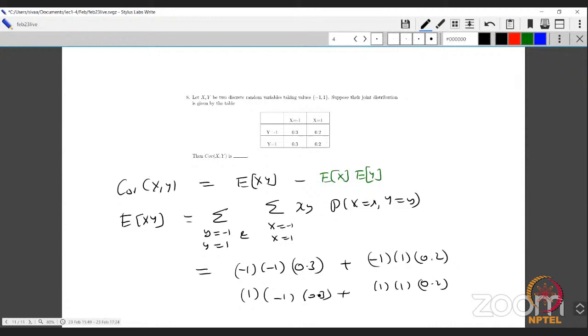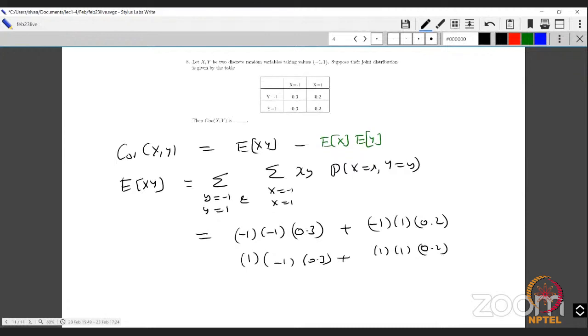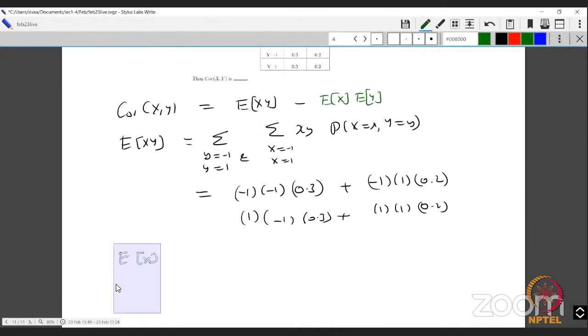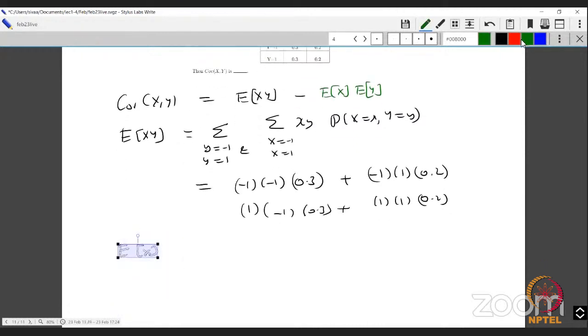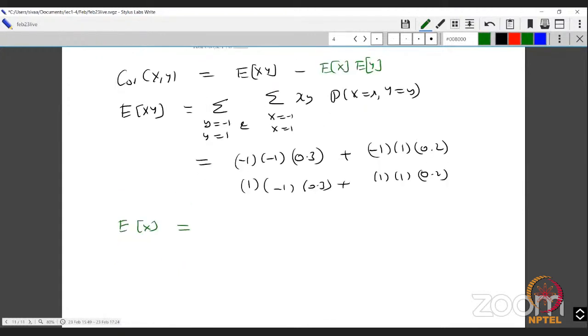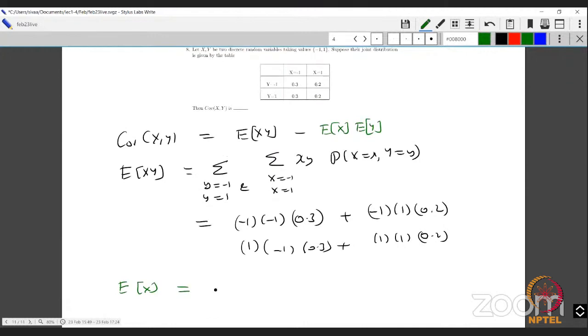Is that clear? How do you find out E of x now? E of x is the green part. Let me write the green part. That's x can take value -1 and 1, right? That's what it says. So it's -1 into probability x equal to -1, plus 1 into probability x equal to 1.